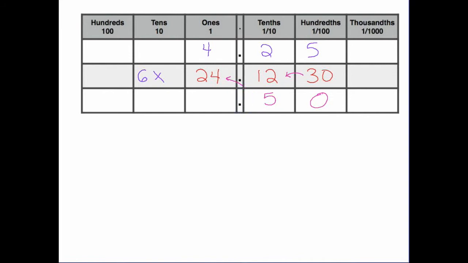So I leave my 5 there and I add the 1, that would make that 25, right? Now what do I do? Take the 2 from the 25, did I have a number in the tenths place already? Nope. Move it over.